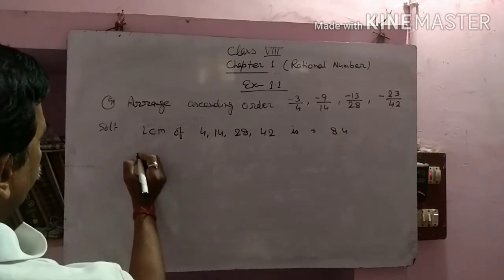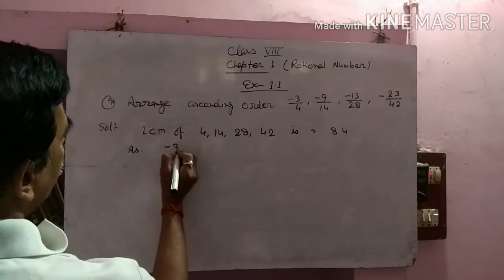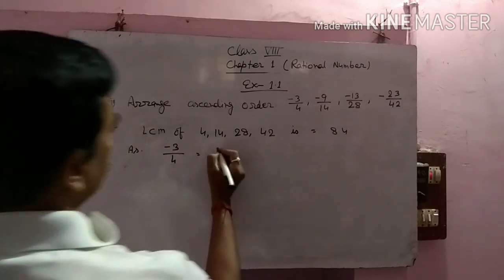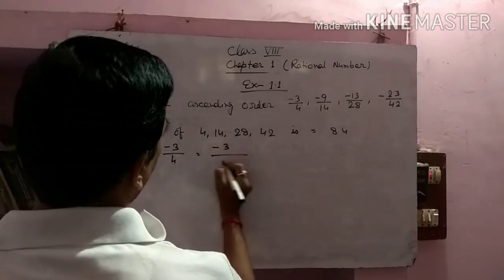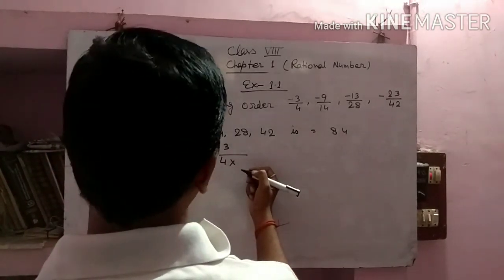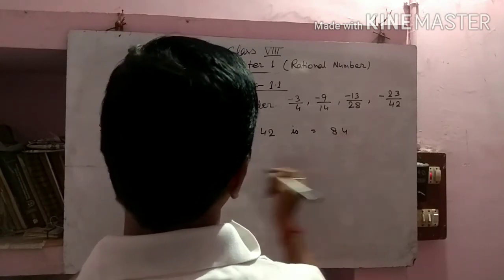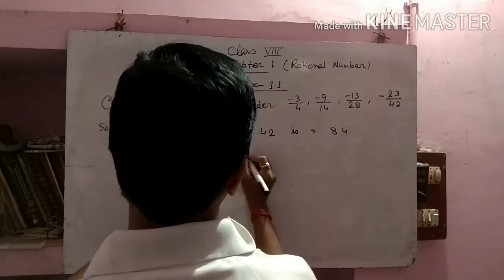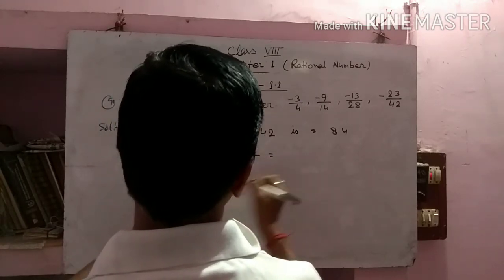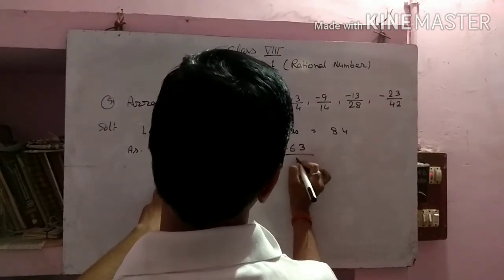Okay, you can write it as minus 3 by 4. If we divide 84 by 4, the answer will be 21. So multiply the numerator and denominator both by 21.